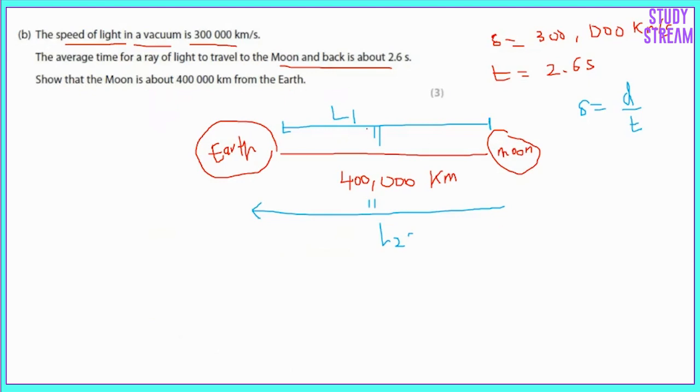Okay, so if you say that L1 and L2 are equal, then you can basically multiply 400,000 to be 800,000 total distance. So this is our D. Now the time taken is given as 2.6. So if we know that speed of light is fixed, when we do this mathematical calculation, our S should be equal to the same S that we know.